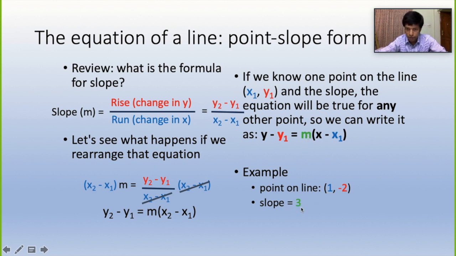This is color coded, so you can see y1 in red and the others in blue. We just need to put 1 here, minus 2 here and 3 here to get the equation of a straight line.